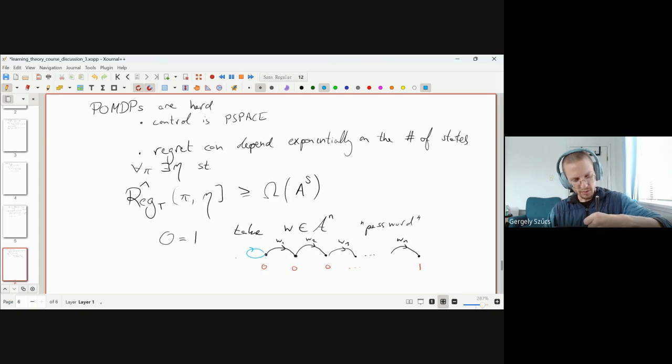So this is for any a not equal to W1, same for a not equal to W2. So we have this reset. And then let's say your hypothesis class is all of these for every password.